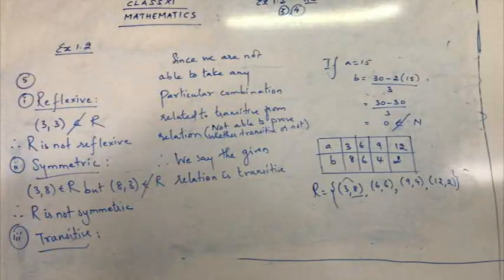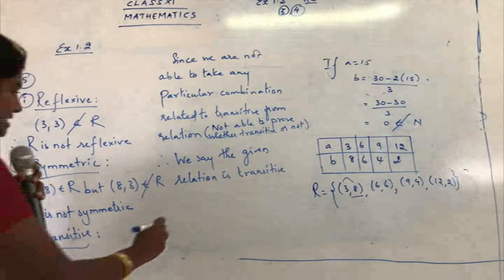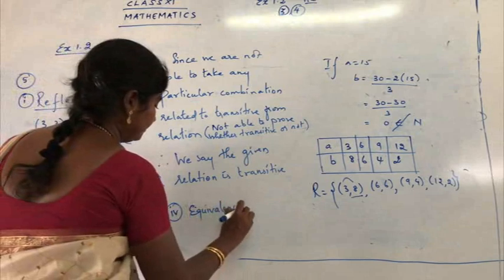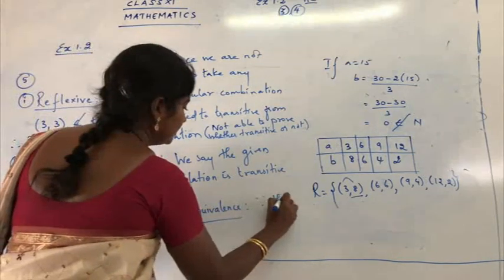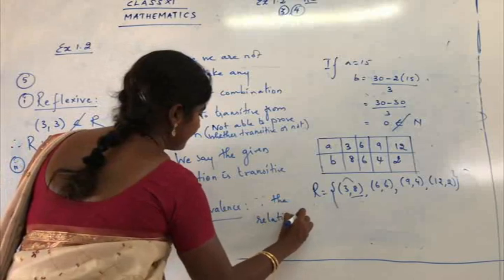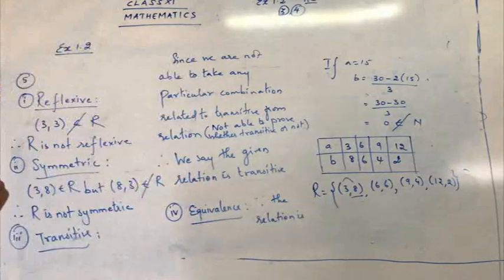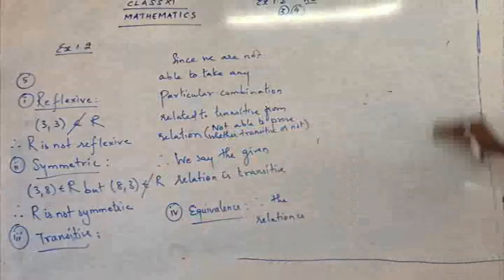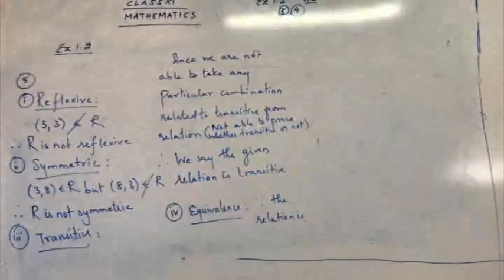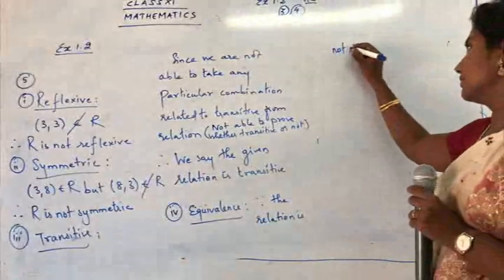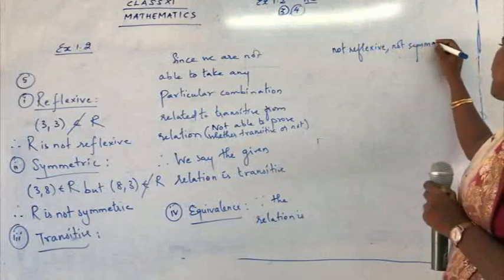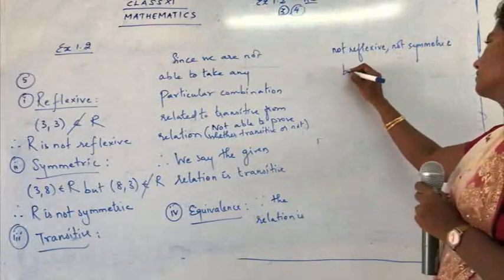So coming to the final part, the question is equivalence. So what will be your answer, children? So you have to say, since the relation is not reflexive, not symmetric, but transitive.